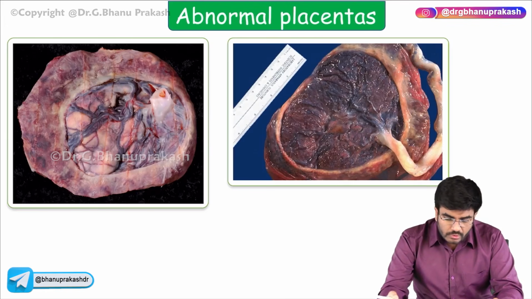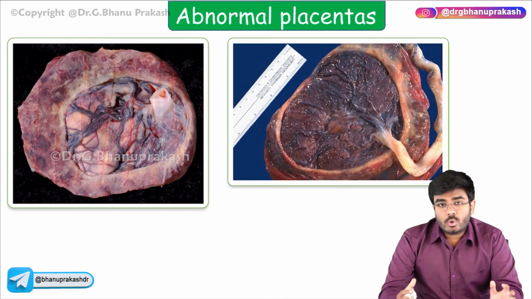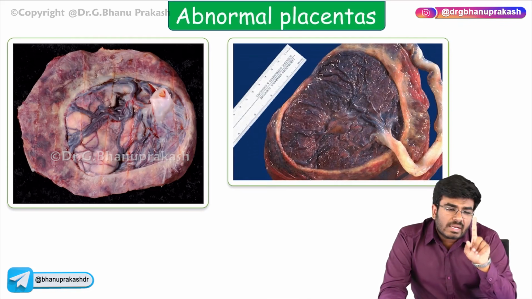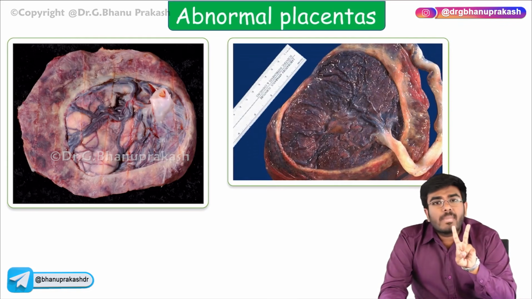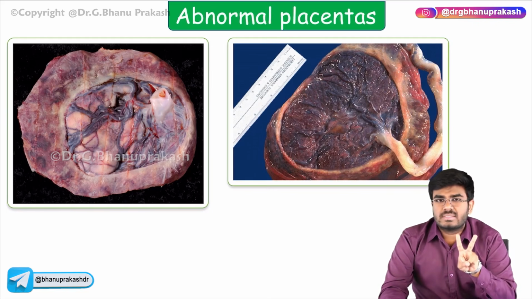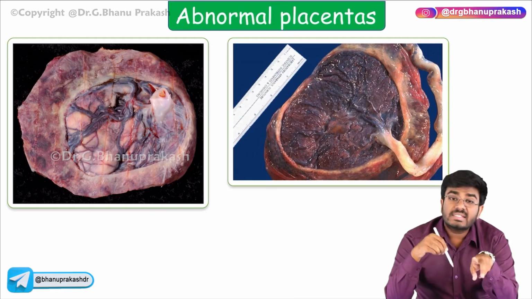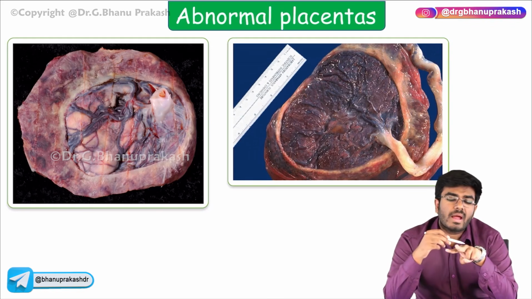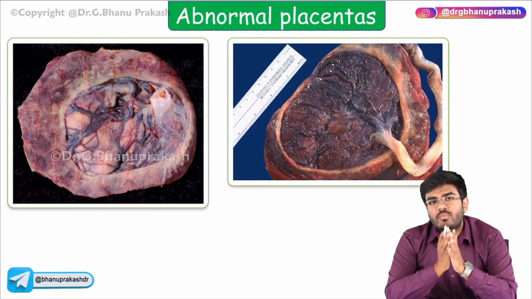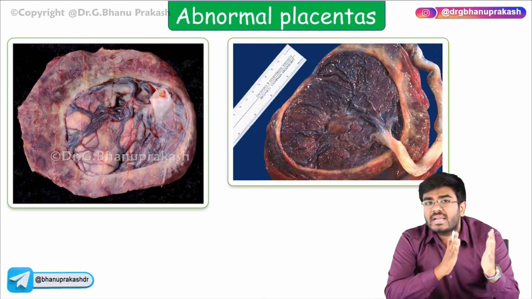Now guys, the type of abnormal placenta you are seeing here is known as circumvallate placenta. Take my word, there are these two types of abnormal placentas: circumvallate, this current one, and circummarginate. The main problem with these two types of placentas is the chorionic plate, the fetal side of the placenta.